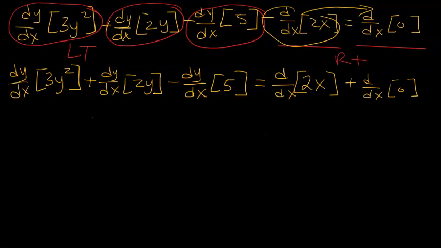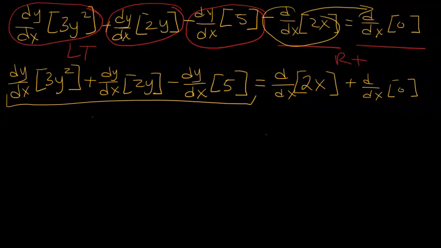Great. Now what I'm going to do is factor out. I'm factoring out all the dy dx because our goal was originally to find dy dx. We identified what is considered dy dx and what is not considered dy dx. Now I have to find dy dx, which means basically isolate it. So I'm trying to contain all the dy dx and reduce it so I could throw everything over.